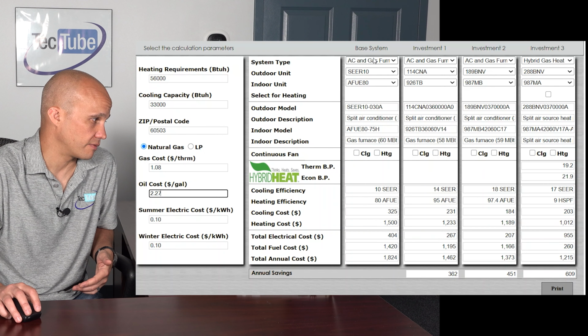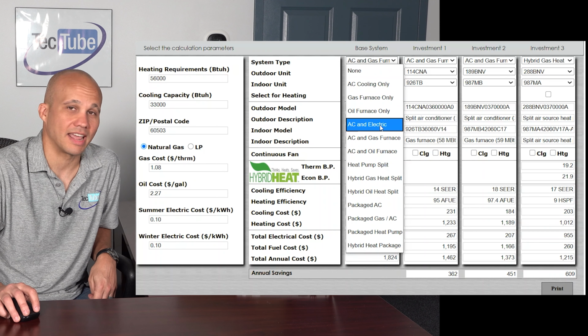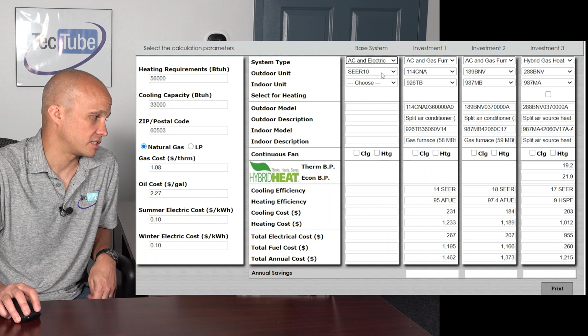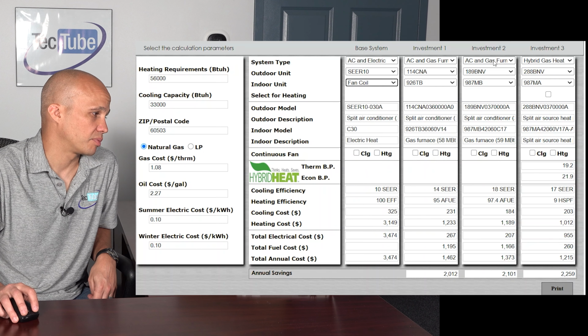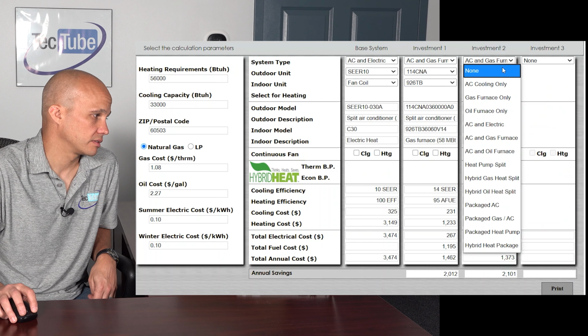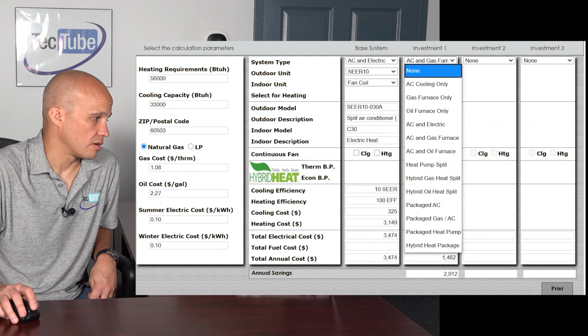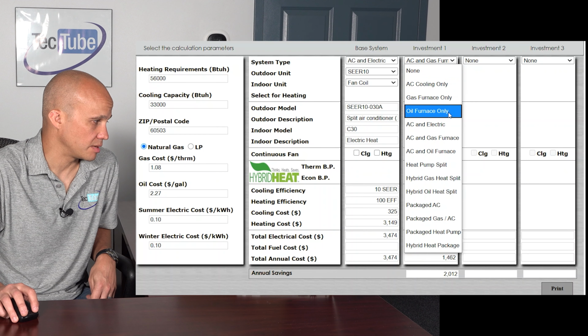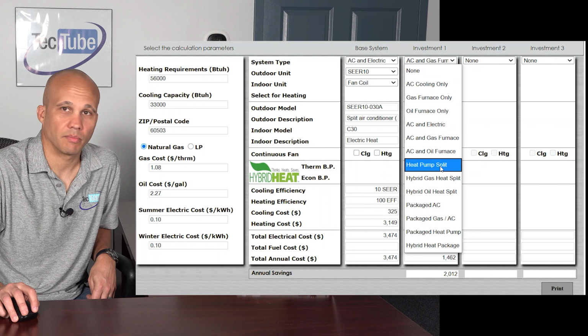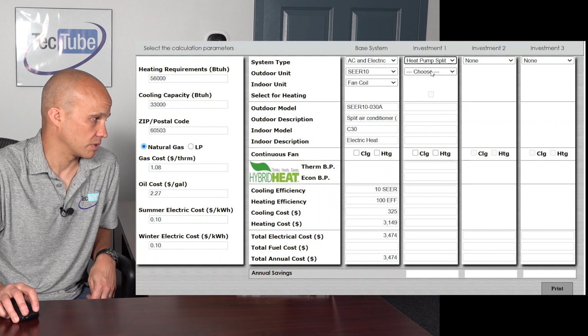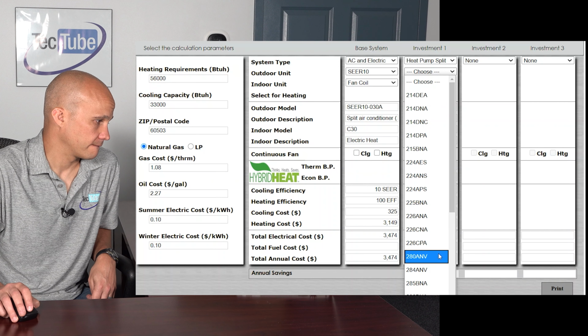You can compare someone, let's say they have an AC with electric resistance heat. I can put that on here. Let's get rid of these other ones. So in that case, what if they have AC with electric heat, but I want to offer them a heat pump split system instead with electric backup? I'll pick something less efficient for now.